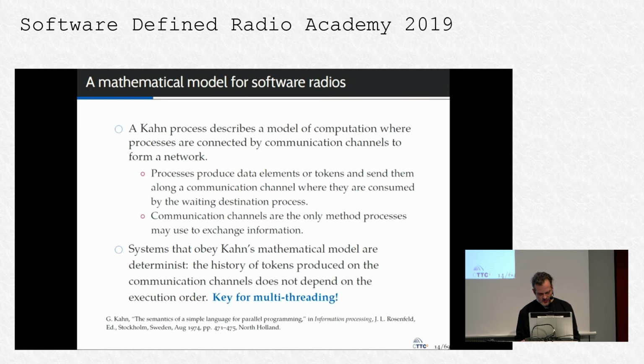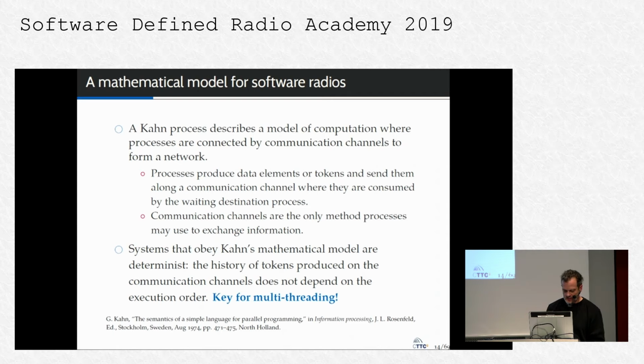So let's talk a little bit about the mathematical model for any kind of software radio. And this is based on an old theory made by Kahn, which talks about a network of processes. And this mathematician established the fundamentals of how a network of processes can communicate together in order to execute a network process.